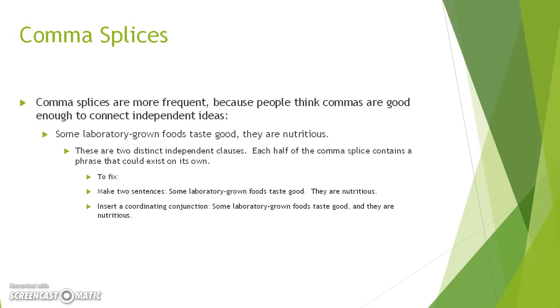That's a run-on sentence. So you can, one, make it two sentences. Some laboratory-grown foods taste good, period. They are nutritious, period. Or you can insert a coordinating conjunction. Some laboratory-grown foods taste good, and they are nutritious. Or, but they are nutritious. Any coordinating conjunction will really work there. Well, not any, but several different choices. It doesn't have to just be the word and.